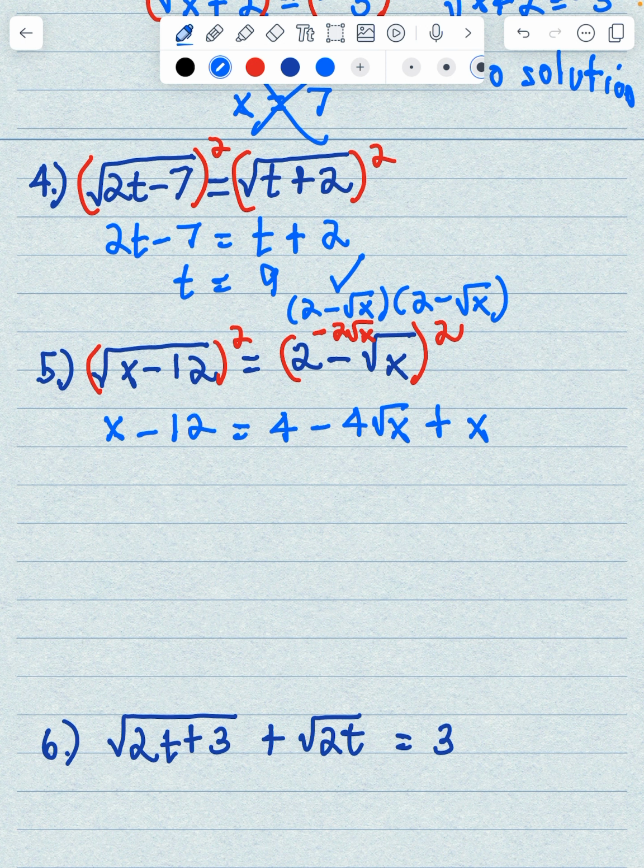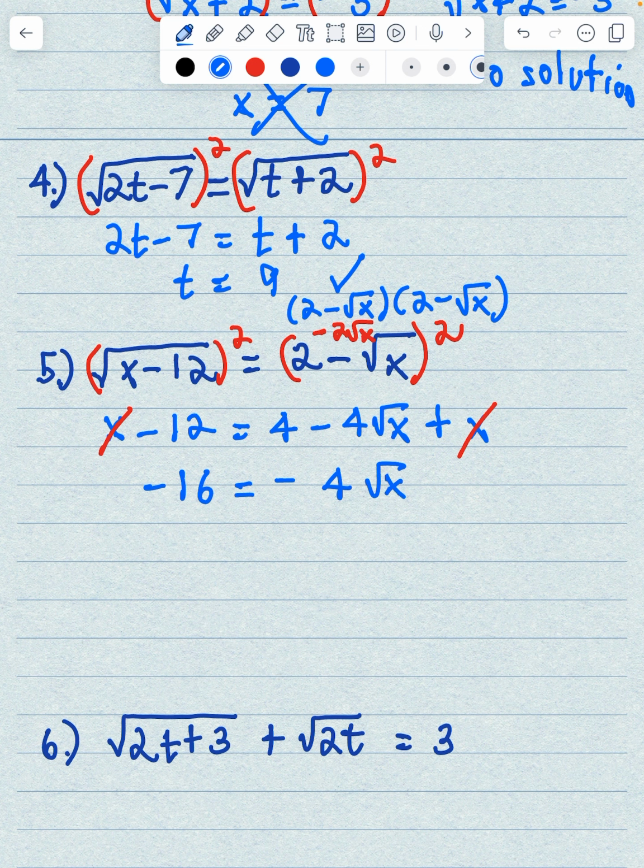So I get to repeat the process of isolating the remaining radical, and that means I'm going to subtract x from both sides. That cancels the x out. If I subtract the 4 from both sides, I'm going to have negative 16 equals negative 4 times the square root of x.